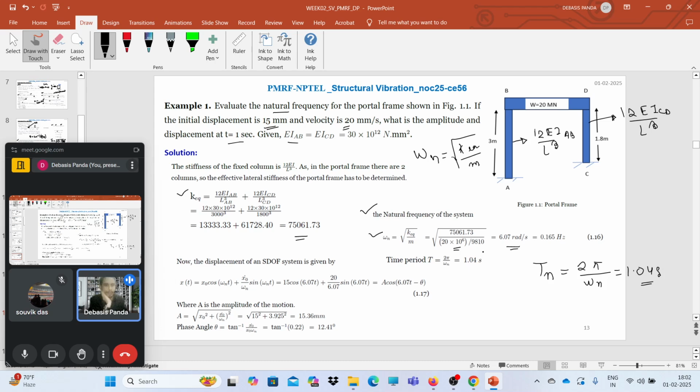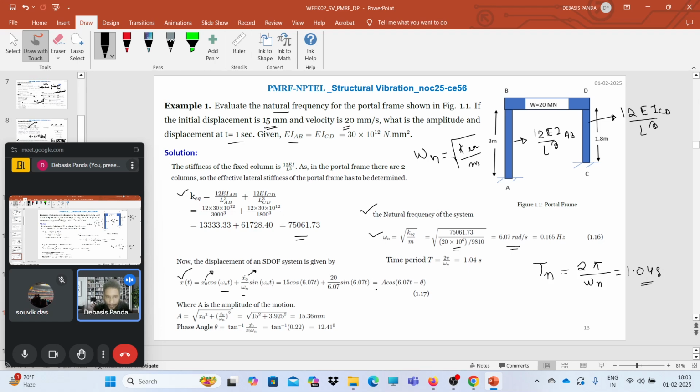What was the equation for the displacement for the undamped free vibration case? We have solved that: x(t) equals x naught cos omega n t plus x dot naught by omega n sin omega n t. Now you have x naught, the initial displacement, as 15 mm, and x dot naught as 20 mm per second, with t equals 1 second.